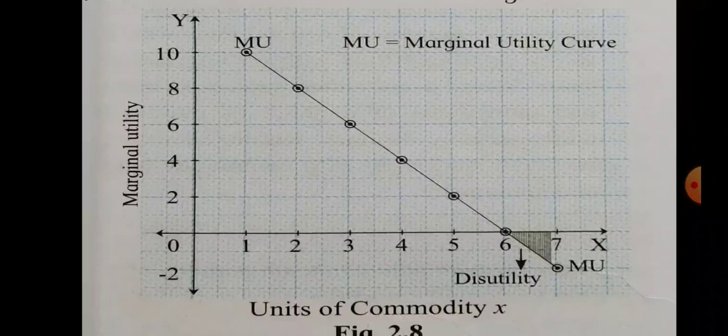Third unit, MU becomes 6. Fourth unit, 4. Fifth unit, 2. Sixth unit, 0. And when the consumer consumes further, marginal utility goes to the negative area, that is known as the disutility region or dissatisfaction area.